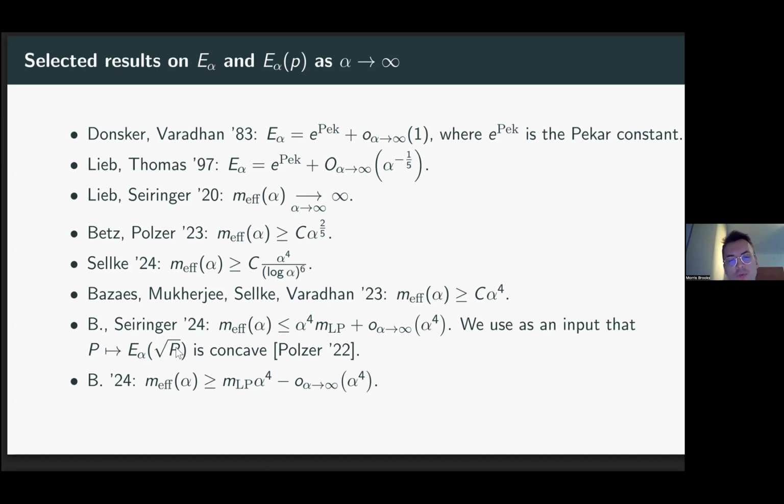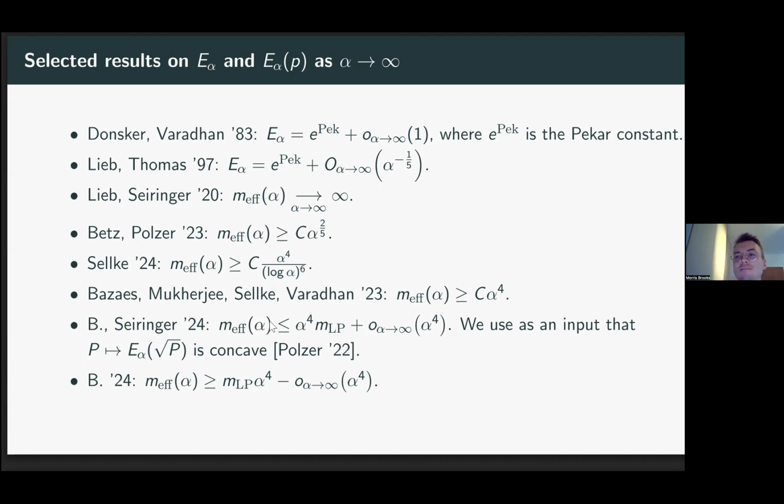If you think about a free particle, if you would plug the square root of some p in the argument of the energy of a free particle, you would get a linear function. So in some sense, this means that the energy as a function of p is concave and runs below the quadratic approximation. And this fact that this is a concave function was extremely helpful and was a crucial input in showing that the upper bound actually holds.